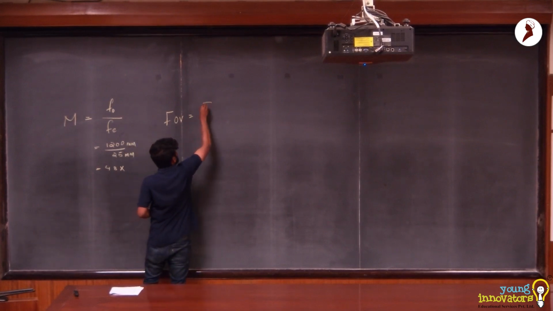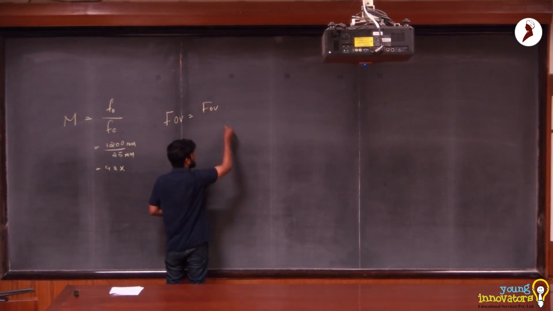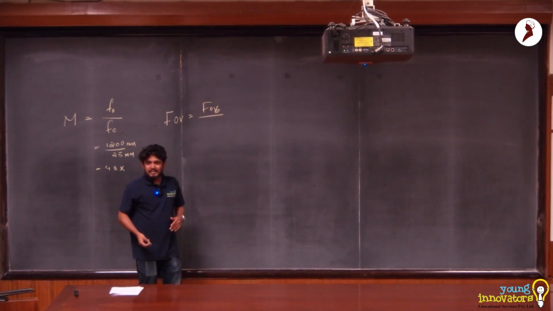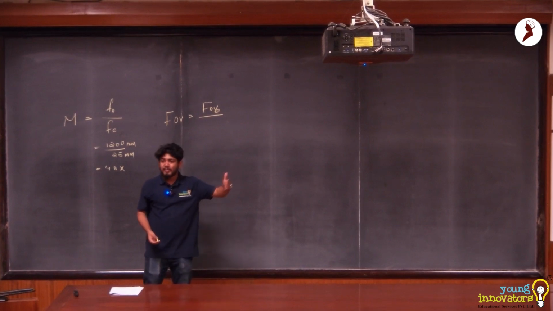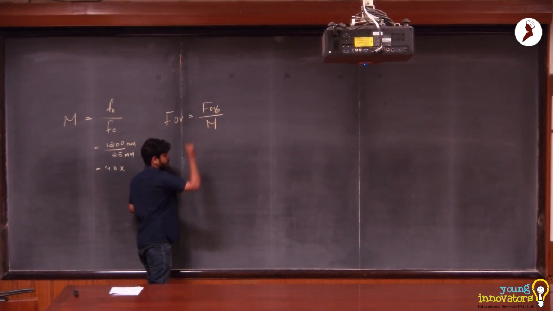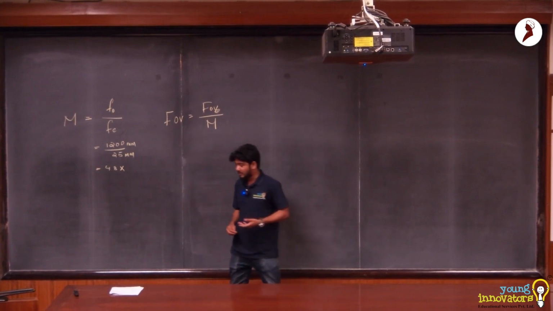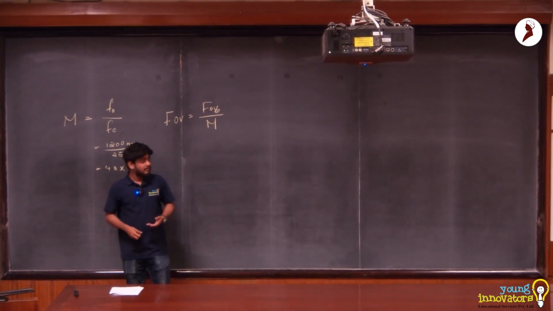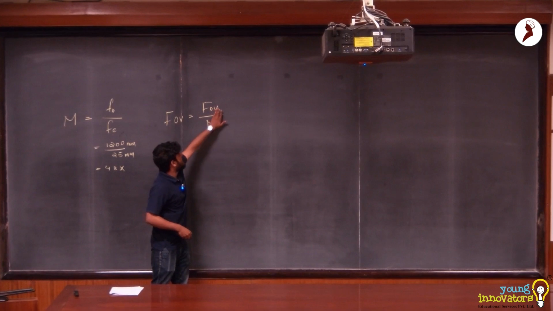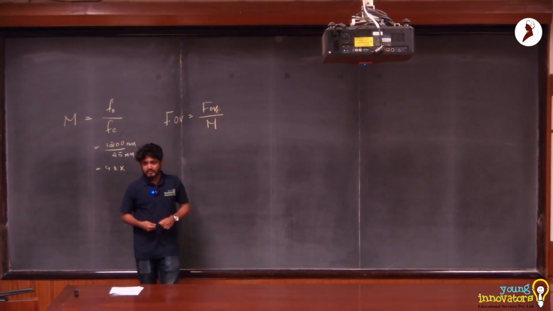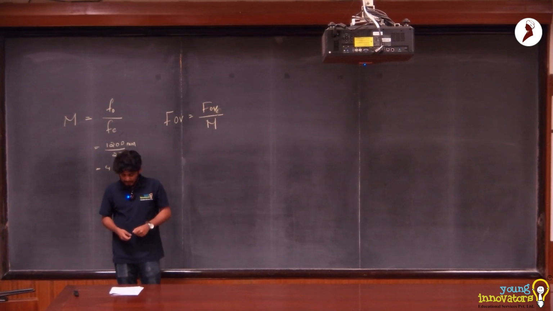Now, to calculate this, you have to measure the field of view of the eyepiece, and since it is tied to the magnification, FOV of the eyepiece by the magnification. Alright? FOV E, field of view of the eyepiece. Okay? Now, first question, anyone?